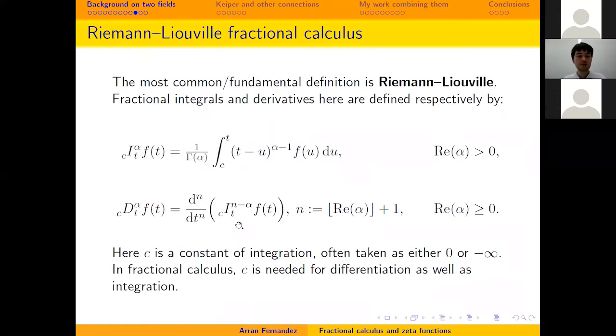The number c here, you can see there's a lot of notation. You've got D and I, which are derivative and integral. Then t is the variable, so you're doing this with respect to t. Alpha is the order, and this c is a constant of integration. In fractional calculus, you need it for derivatives as well as integrals, so it's a constant of differentiation or integration.